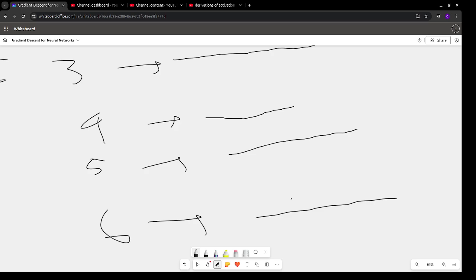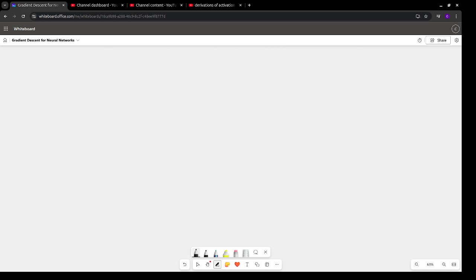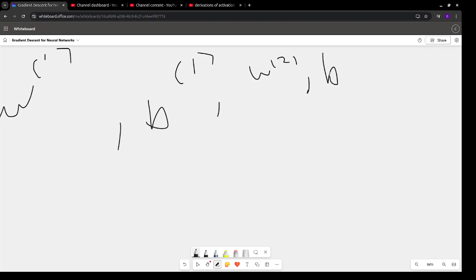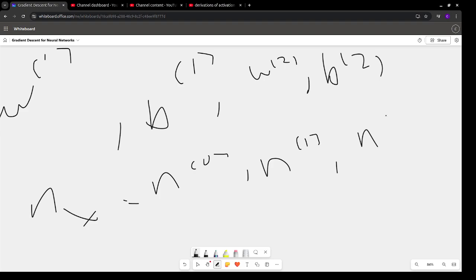So basically, where were we? Gradient descent, right? So yeah, let's go to some mathematics. So, a single hidden layer. We'll be having W1, B1, W2, B2, and X will be equal to N0, N1, and N2 equals 1.